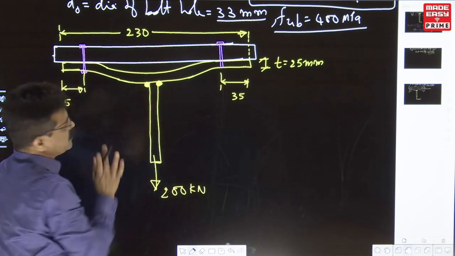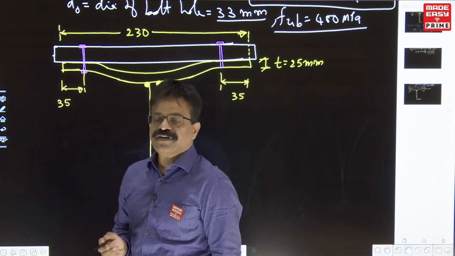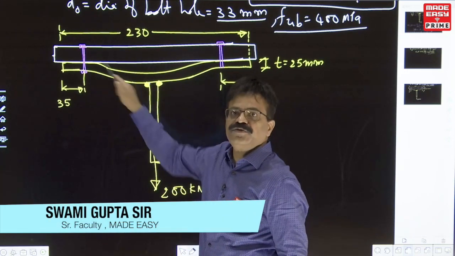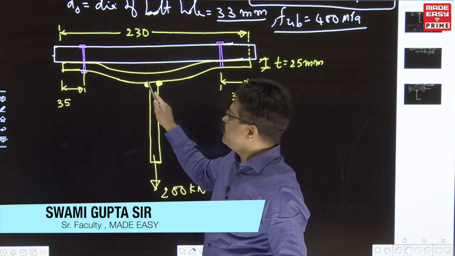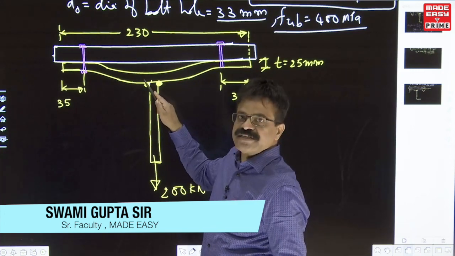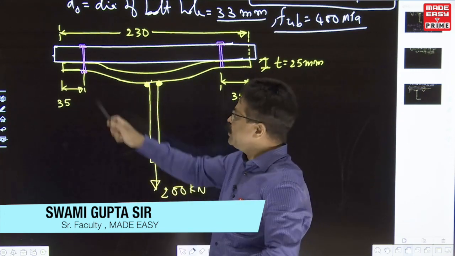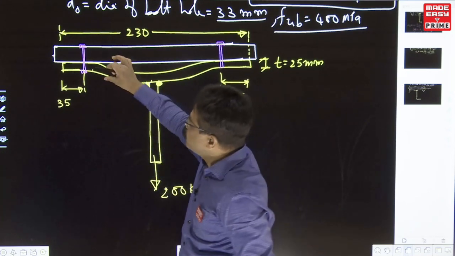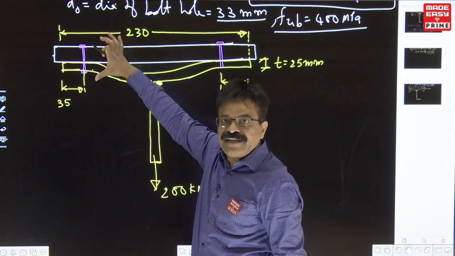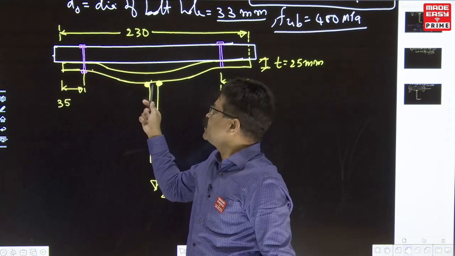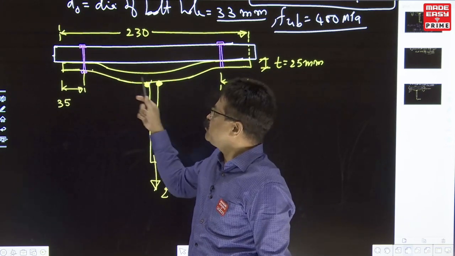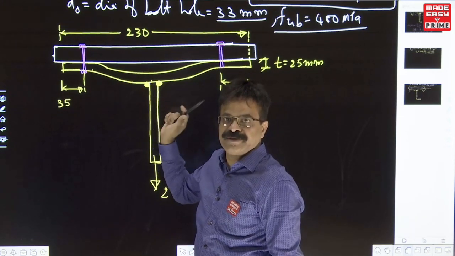Now we have to check whether the connection is safe or not. Connection is safe or not means whether it will break here or here. Two checks we have to make. If it fails here, by forming a plastic hinge, it will break. It rotates at this point so much that the bolt, because of the prying action, gets tension. The plastic moment capacity of the plate here and here is the same.